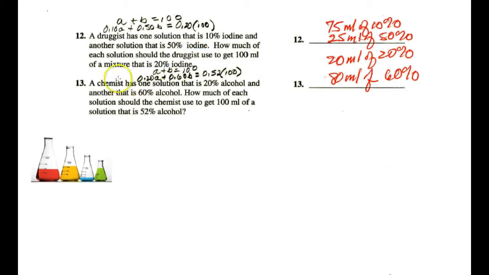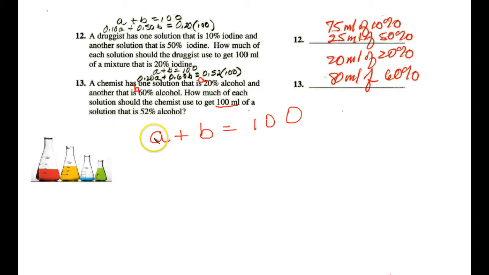All right, let's go on to the second one. This is going to be very similar. A chemist has one 20% alcohol. We'll call that A. The other is 60%. We'll call that B. And again, he wants to get 100 milliliters. So A plus B equals 100.